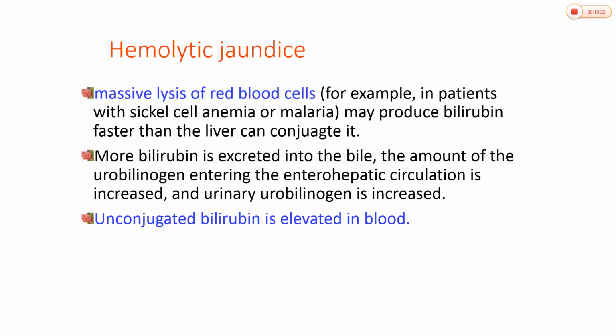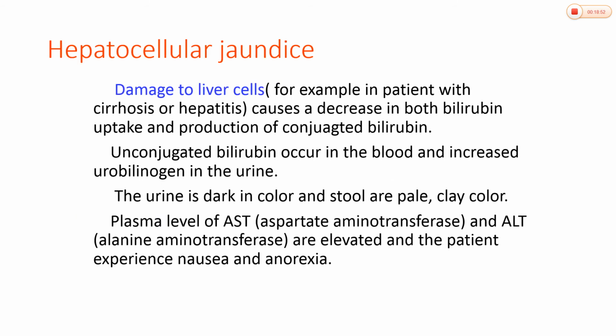The hemolytic jaundice, wherein a massive lysis of red blood cells is seen in patients with sickle cell anemia or malaria, may produce bilirubin faster than the liver can conjugate it, and thereby more bilirubin is excreted into the bile, and the amount of urobilinogen entering the hepatic circulation is increased, and the urinary urobilinogen is also increased in this case, and the unconjugated bilirubin is elevated in the blood.